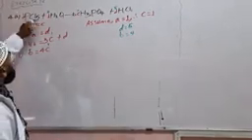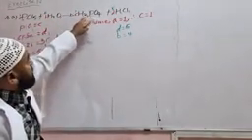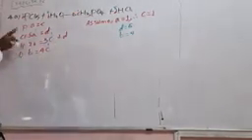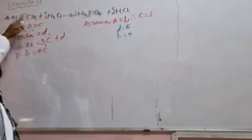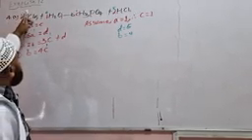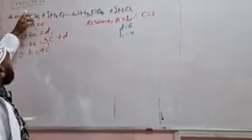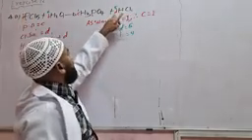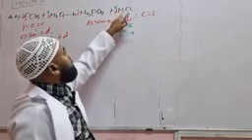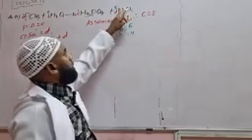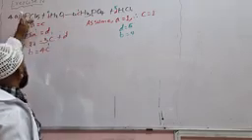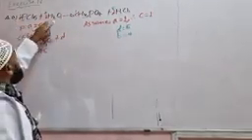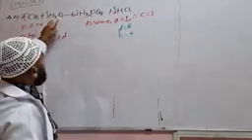Here, 1 phosphorus, and in the product also 1 phosphorus, because C means 1. Chlorine in the reactant side is 5, because its coefficient is 1, 1 times 5 is 5 chlorine. In the product also, it is 5 times hydrogen and 5 times chlorine, so chlorine is 5 in the product. In the reactant 5, in the product also 5. Hydrogen here is 4 times 2, 8.